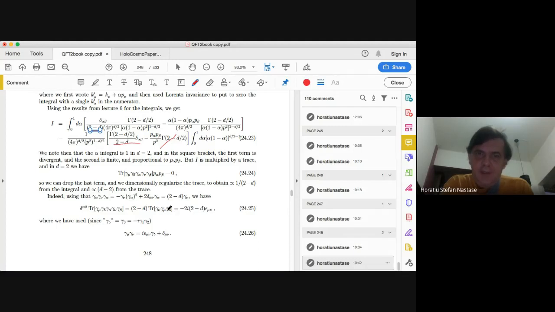And this one is proportional to just epsilon mu nu, just minus I epsilon mu nu. Because gamma 5 here, we're in 2 dimensions, so we call it gamma 5, but what we mean is the product of the gammas, gamma 1, gamma 2, with a minus I in front.